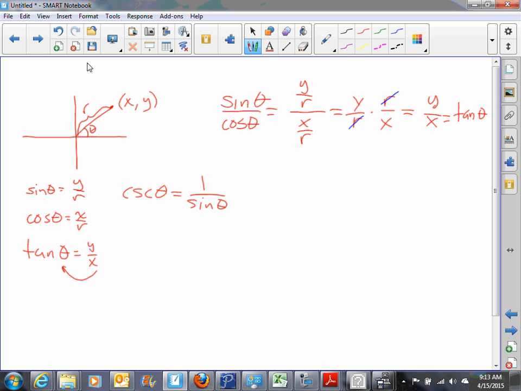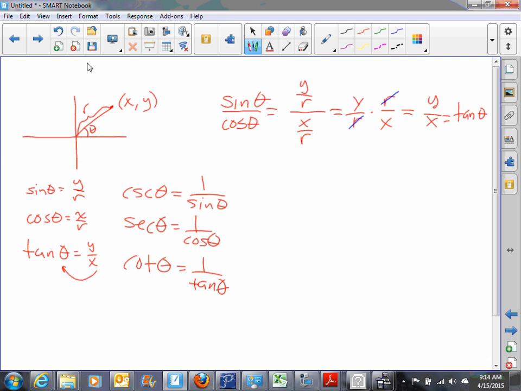We're going to do the same thing with the secant of theta. Secant of theta is equal to 1 over the cosine of theta. And the cotangent of theta is equal to 1 over the tangent of theta. These are what we ordinarily call the reciprocal identities. Those are really pretty obvious.